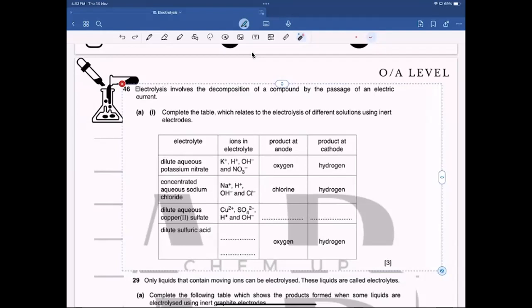In the first row we have dilute potassium nitrate, and they have mentioned the ions: there is a potassium ion and the nitrate ion, but because it's aqueous it has hydrogen ion and hydroxide ion as well. Then, product at anode: it's dilute, so which ion undergoes oxidation at the anode?